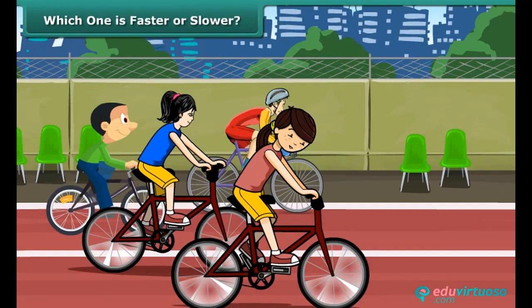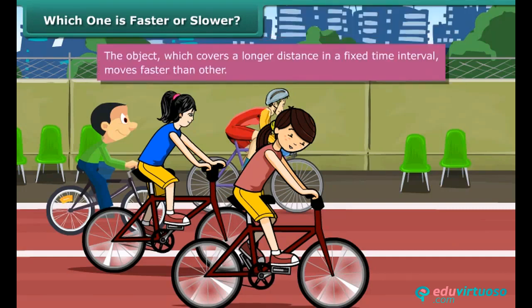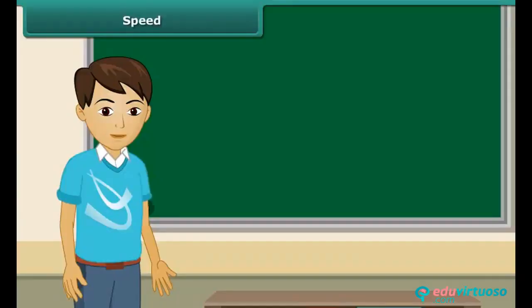This also means that all the others who reached the finishing line later covered less than 1,000 meters in 10 minutes and hence lost the race. So we can say that the object that covers a longer distance in a given time interval than other is faster.